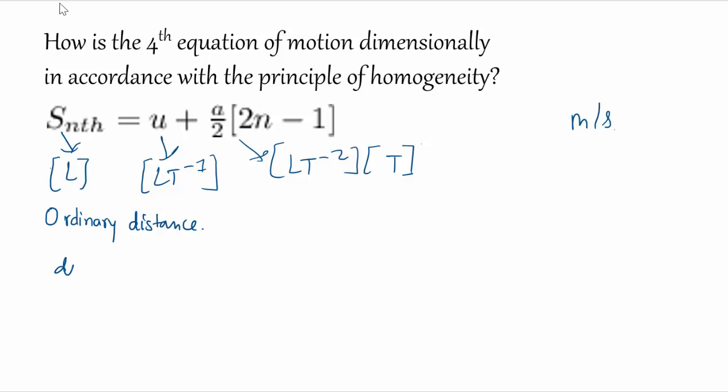It's the distance traveled in the nth second. That is to say that in the nth second, which is 1 second, whichever second it is, in that second, whatever distance it travels, that is the measure of this.